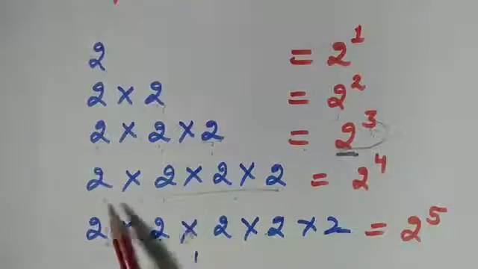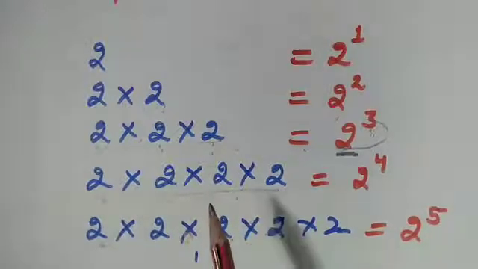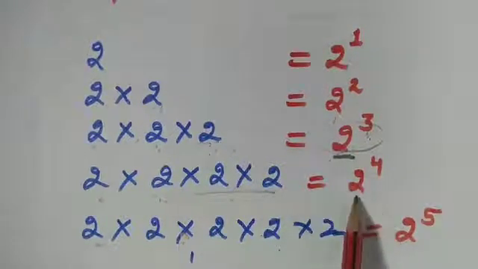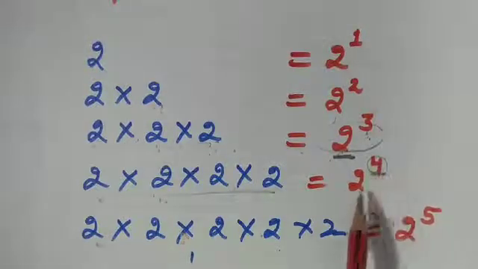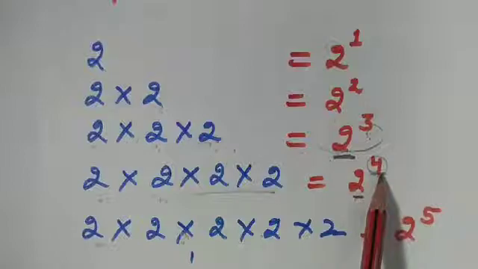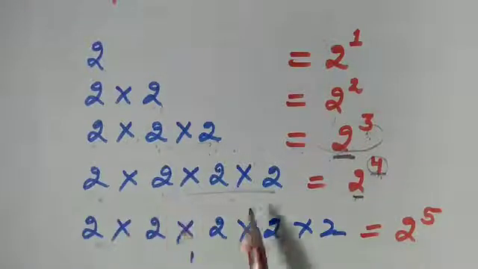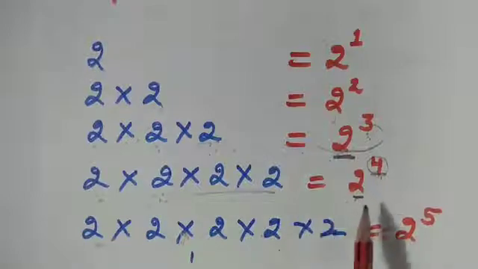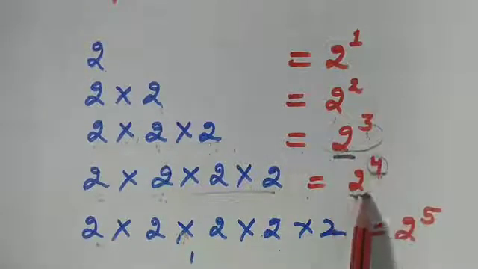Similarly, when 2 is multiplied 4 times, how can this be written? This can be written as 2, and this 4 is the superscript of 2.